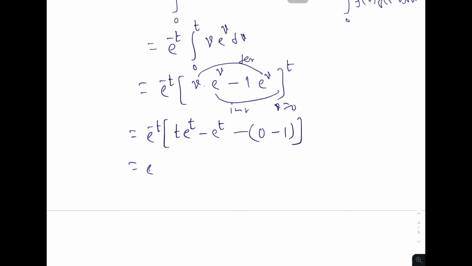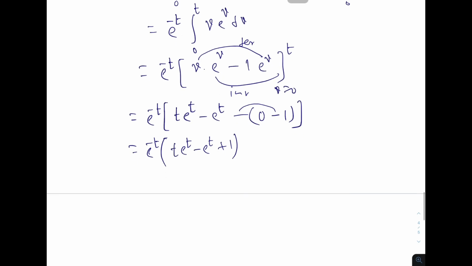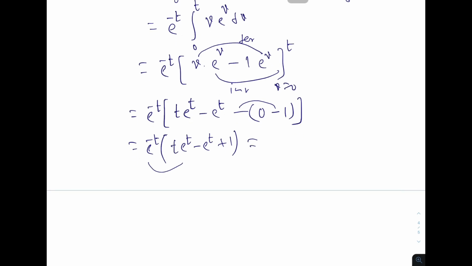Okay, so we are having e to the power minus t times (t e^t minus e^t plus 1), and then taking e^(minus t) inside, you are having t minus 1 plus e to the power minus t. So that is the inverse Laplace transform of 1 over s squared times (s plus 1). Okay, thank you.